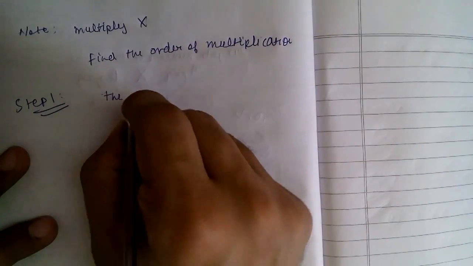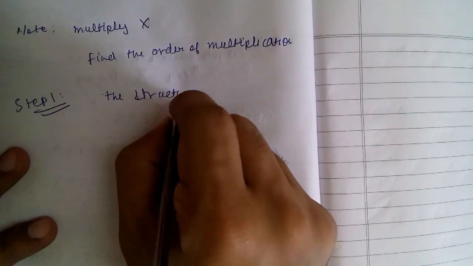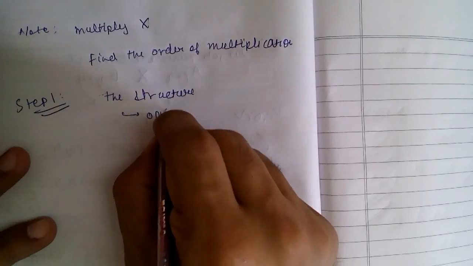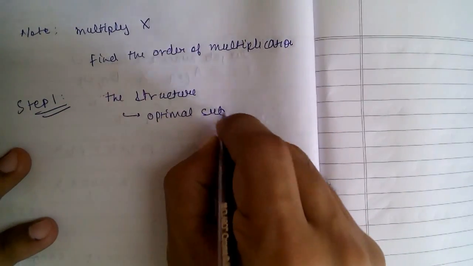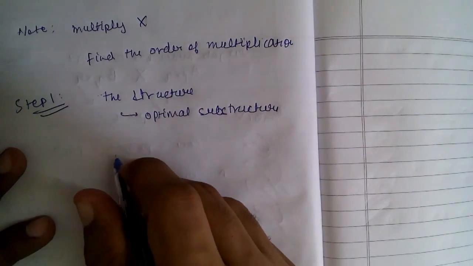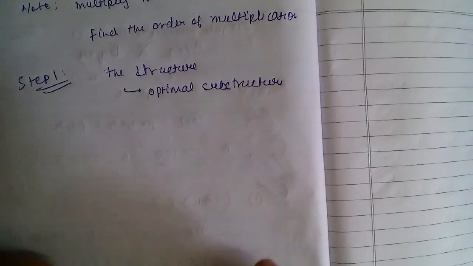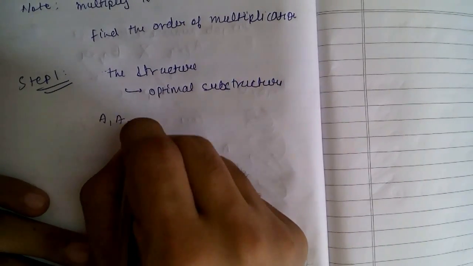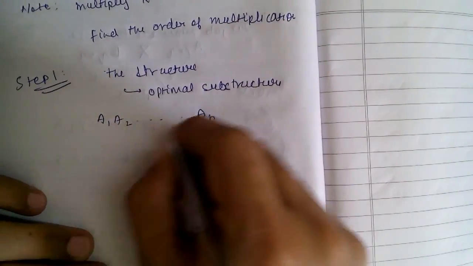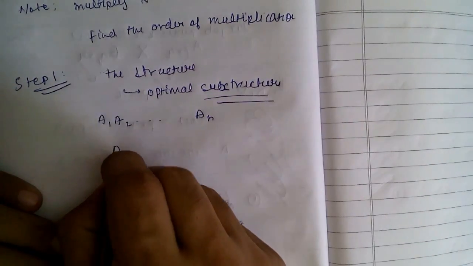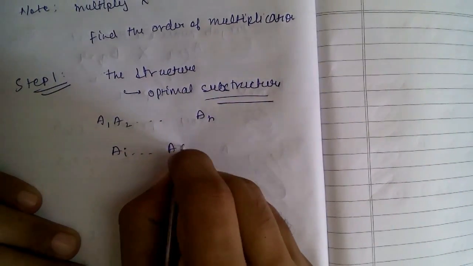Step 1 is finding the structure, that is, the optimal substructure. We are having a chain of matrices, that is A1, A2 till AN. And a substructure of it will be from AI to AJ.